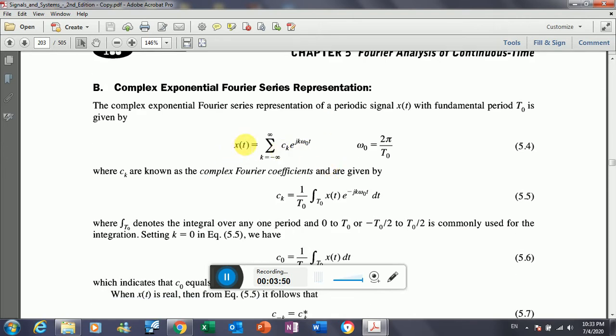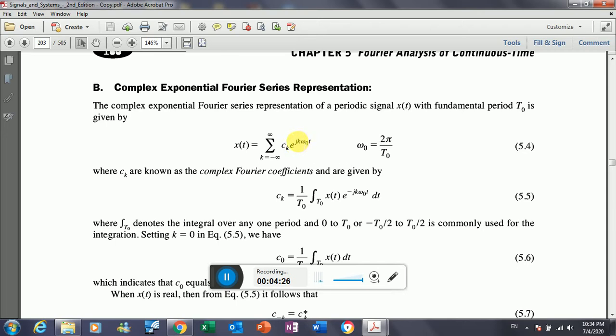So x of t, which is a periodic signal, can be written in terms of Fourier series as this equation. It is summation k equal to minus infinity to plus infinity, and c of k. C of k we will discuss in a minute, and this is a periodic signal again, e raised to the power j k omega naught t. अब इस सिग्नल को, इस periodic signal को, ये हमें पता है ये periodic signal है.